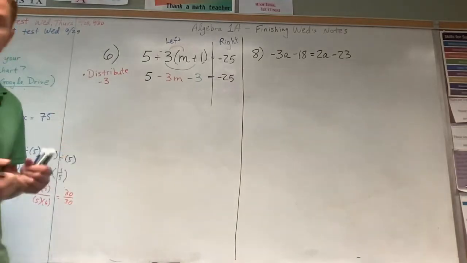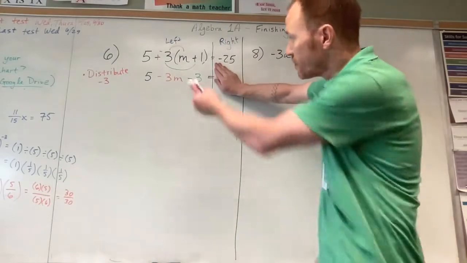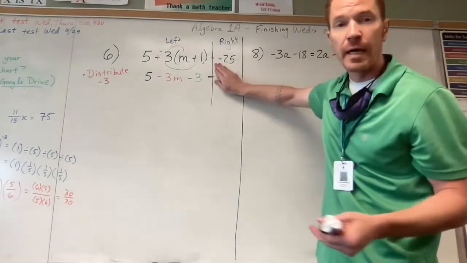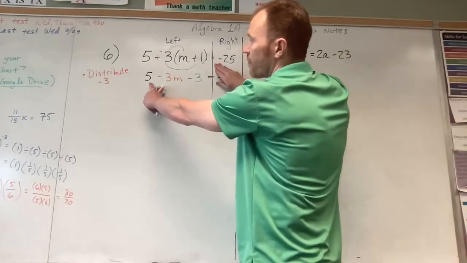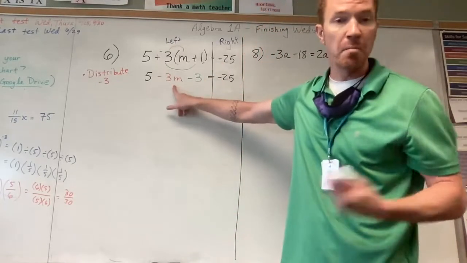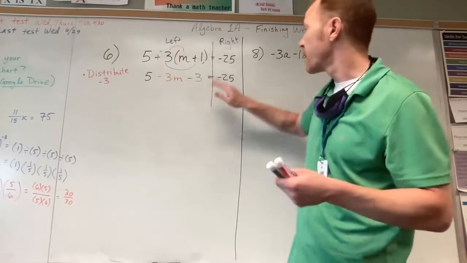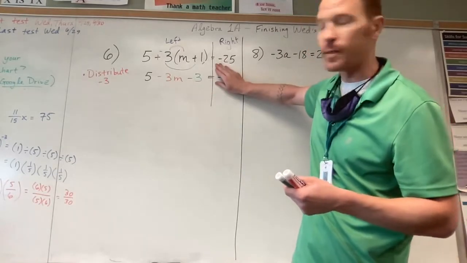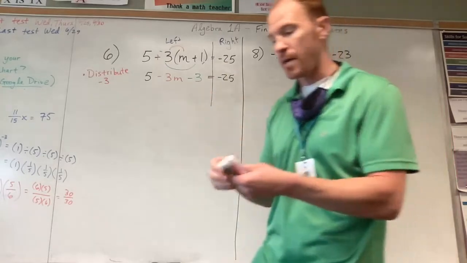So I can still cover up the right side and ask myself, does this simplify? And yes, it does. If you want to tell yourself a story, maybe it's something like, I have $5, I owe 3 melons, and I owe $3. And this is all on the same side. Again, I'm ignoring the right side currently. So I say, hey, the 5 and the minus 3 there can combine.